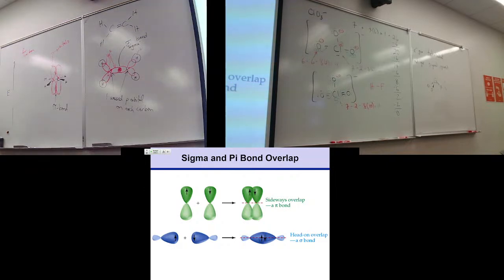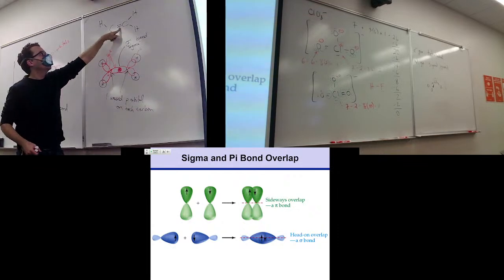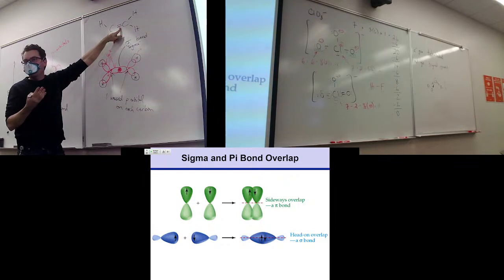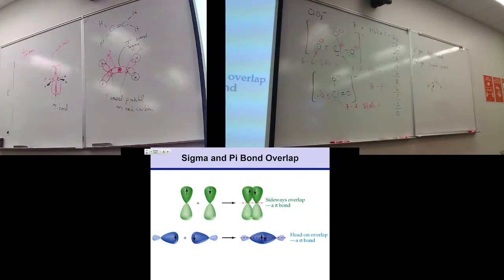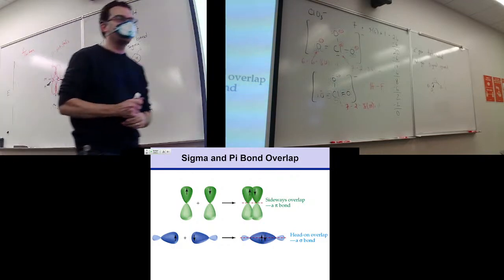Double bonds and triple bonds are where you start getting pi bonds. Whenever I see a double bond, I know one of the bonds is sigma. The second bond that makes the double part is a pi bond. And that comes from the leftover p orbitals that are not hybridized.